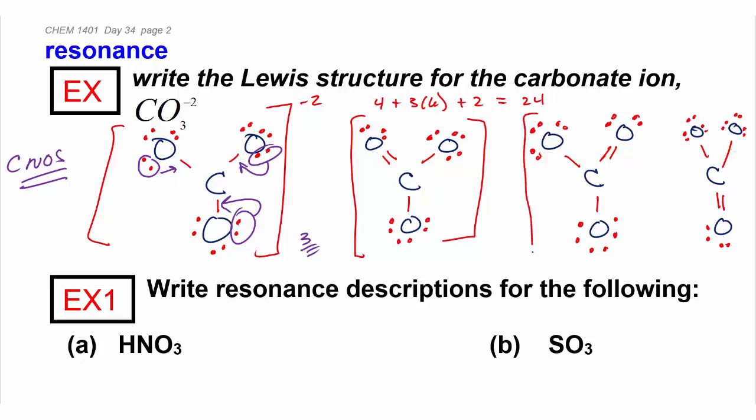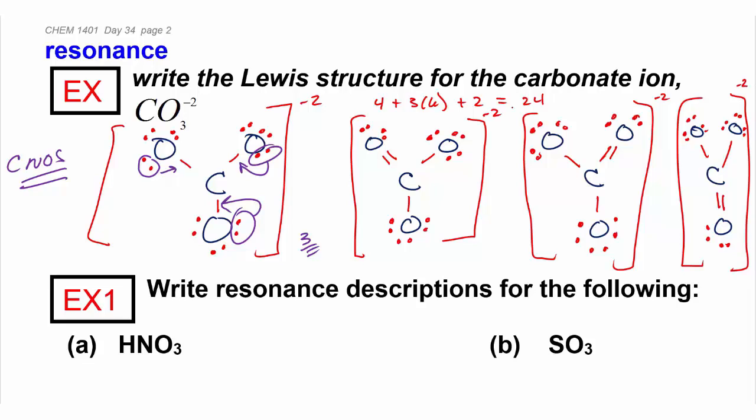And don't forget my brackets for the -2 charge. Now to show that these are resonance structures, you draw arrows in between the structures, to show that the true Lewis dot structure is actually a mixture of all 3.